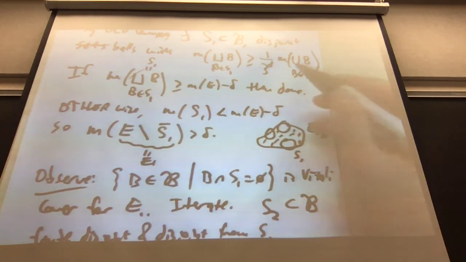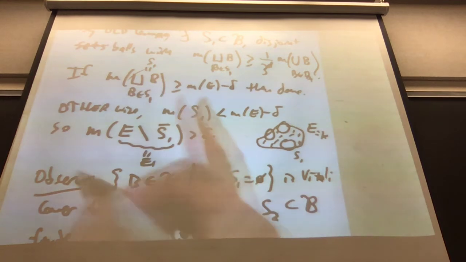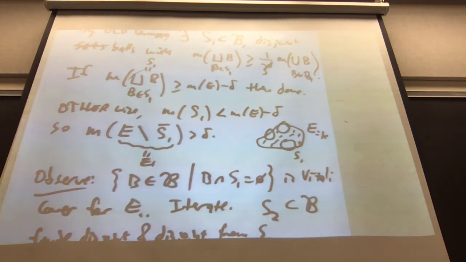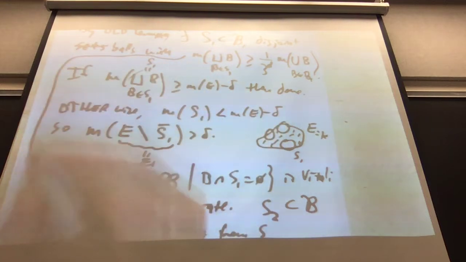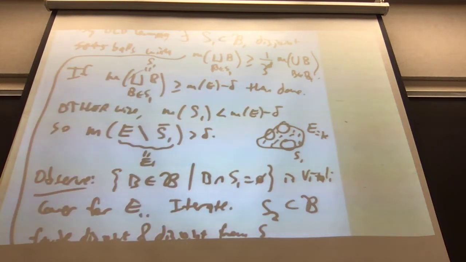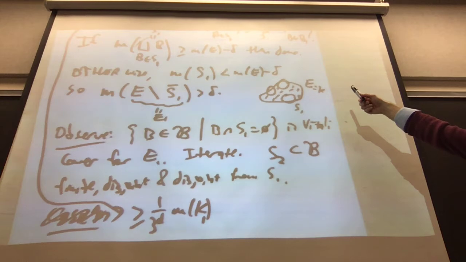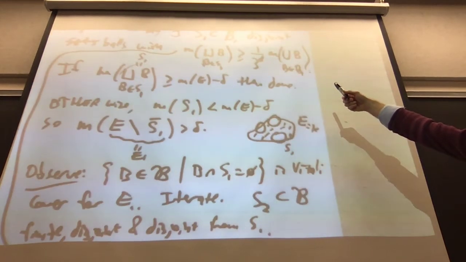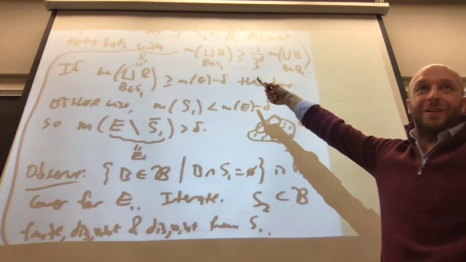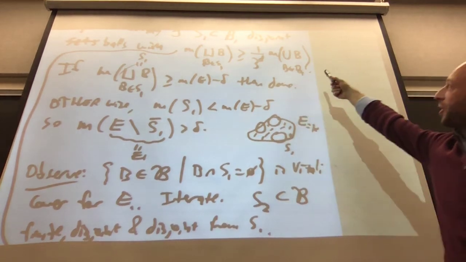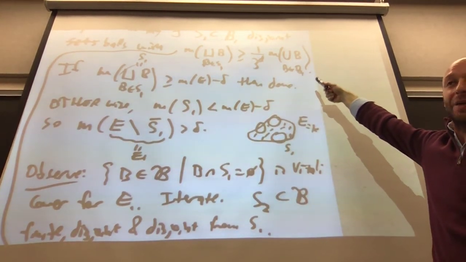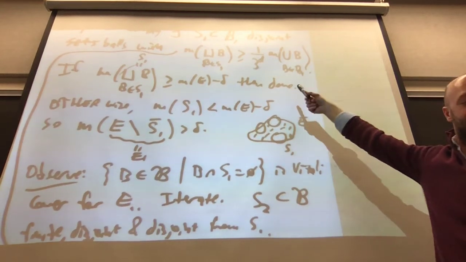I need a little bit of room. The measure of S1 is at least 1 over 3 to the d times the measure of the balls in B1, but that was the finite set that was still a cover for K1.